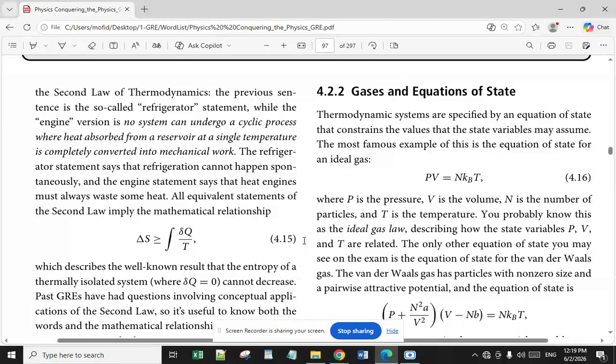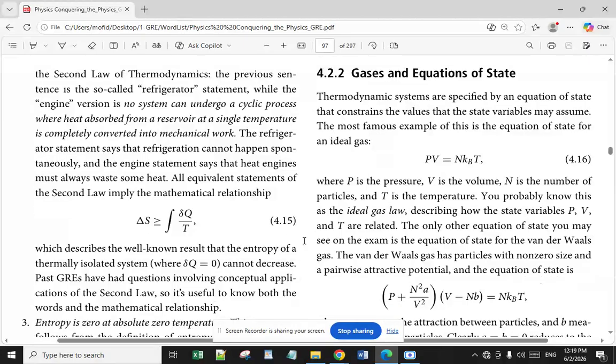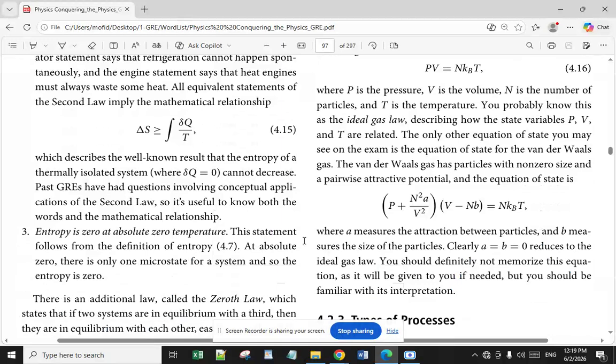The only other equation of state you may see on the exam is the equation of state for the van der Waals gas. The van der Waals gas has particles with non-zero size and a pairwise attractive potential, and the equation of state is (P + n^2 a / V^2)(V - nb) = nRT, where a measures the attraction between particles and b measures the size of the particles. Clearly, a = b = 0 reduces to the ideal gas law.